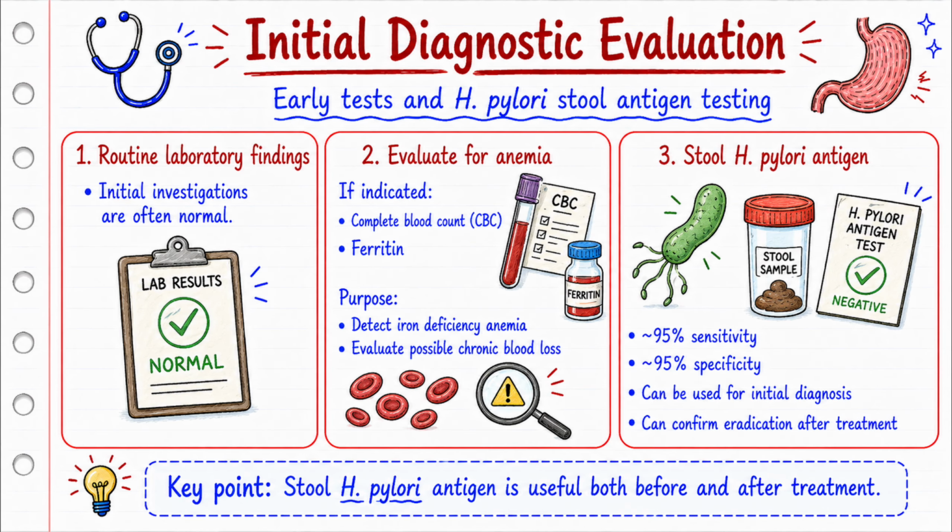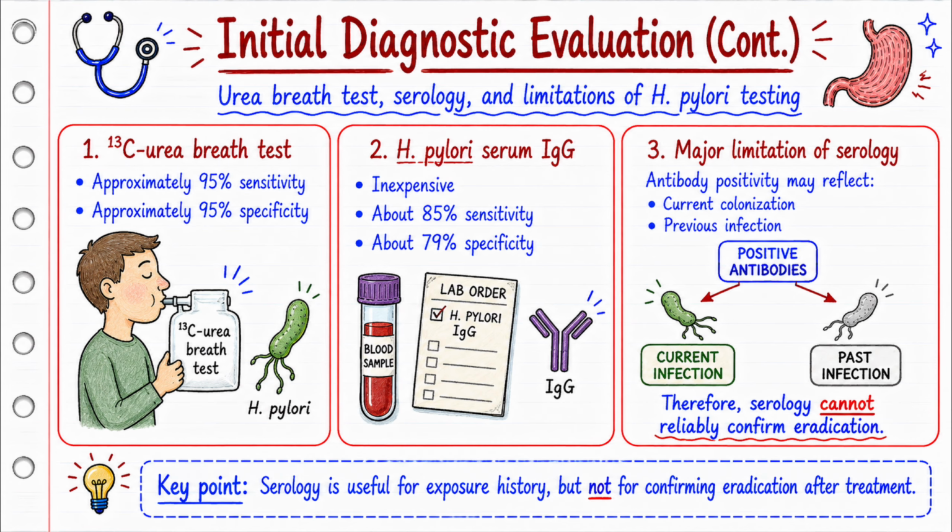Another important non-invasive test is the urea breath test. This test detects urease activity produced by H. pylori and is highly accurate for identifying active infection. In comparison, H. pylori serum IgG testing detects antibodies. Although serology is inexpensive and may indicate previous exposure, antibodies can remain positive for a long time after the infection has been eradicated.